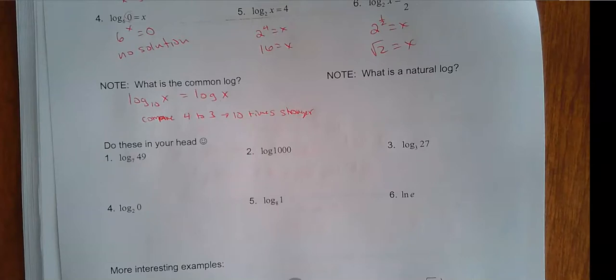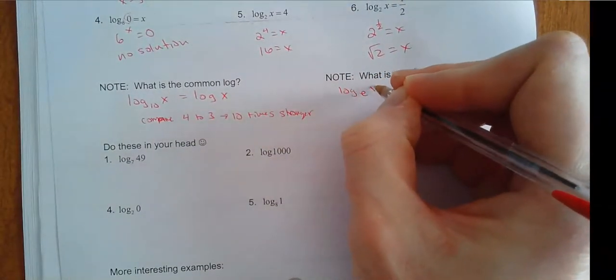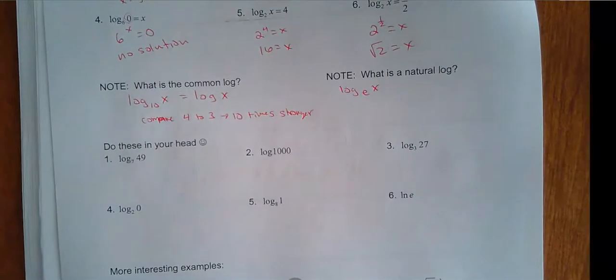Another base they got so sick of writing was the base e. Instead of writing log base e of x, because in a lot of science you have base e, and you have to use a logarithm to get rid of that base of e, because remember, logarithms are inverses of exponentials. We're going to use this to solve some exponential problems.